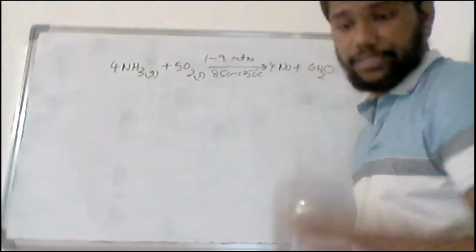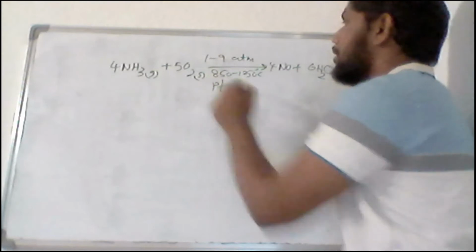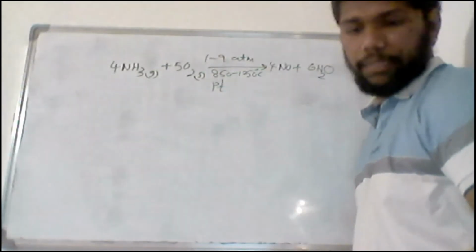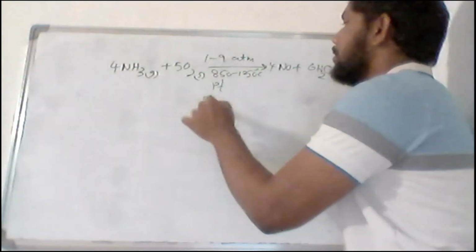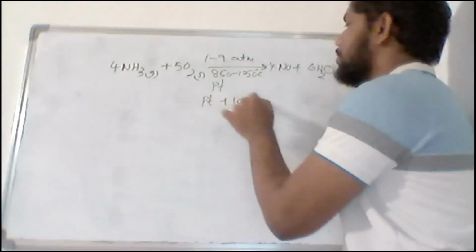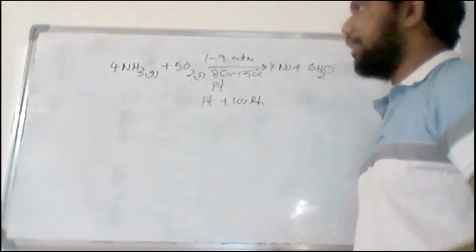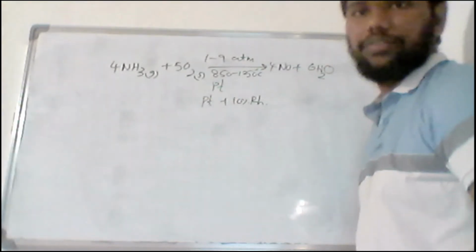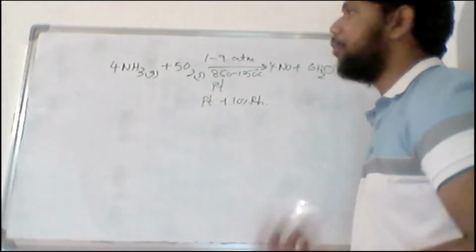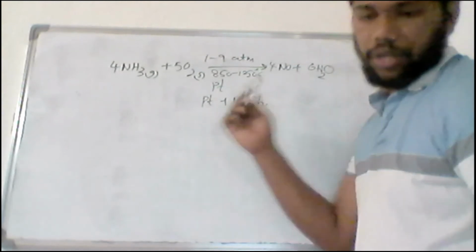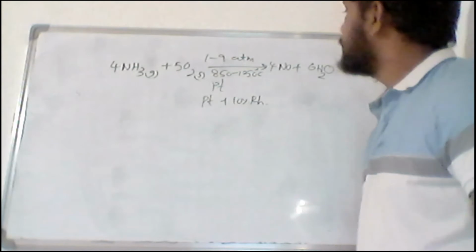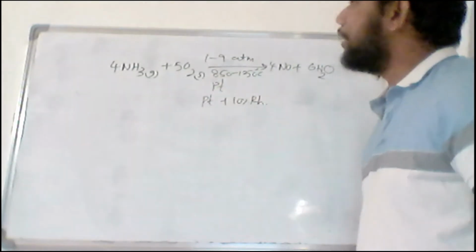And catalyst, you can use platinum catalyst directly, or either platinum with 10% rhodium. This is what is commonly used, platinum plus 10% rhodium, because it allows additional surfaces for the adsorption of ammonia and oxygen. Okay, and this is one of the first reactions. So this is what normally happens in the beginning.